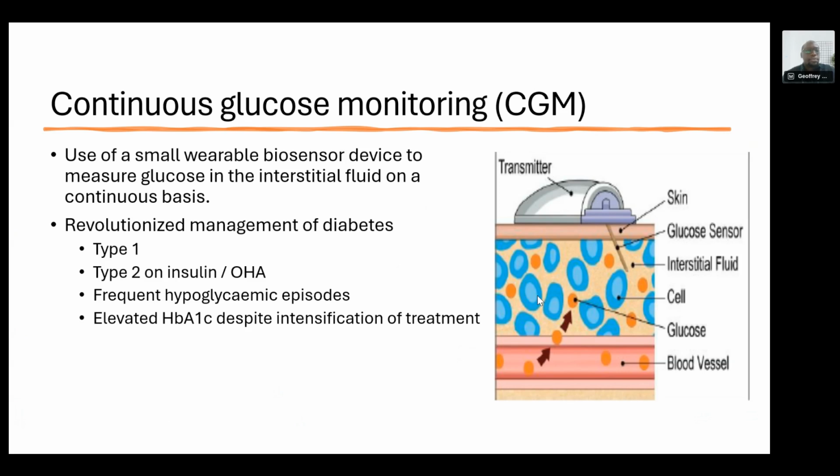Thanks. So by definition, continuous glucose monitoring refers to the use of small wearable biosensor devices to measure glucose in the interstitial fluid. And this is really done on a continuous basis through the use of a sensor, an electrochemical biosensor that is basically inserted in your subcutaneous tissue.